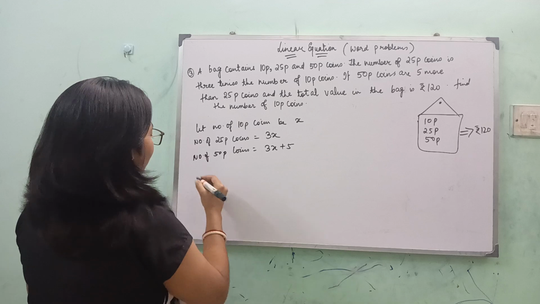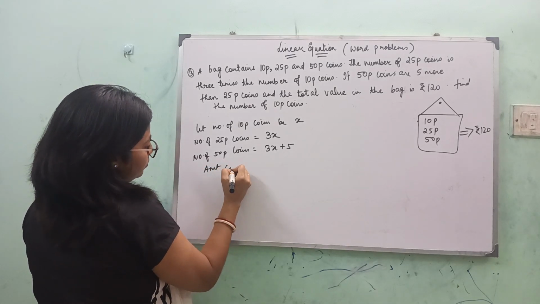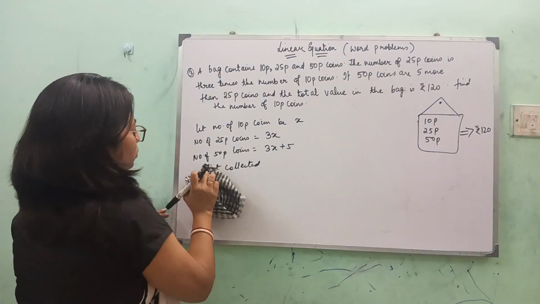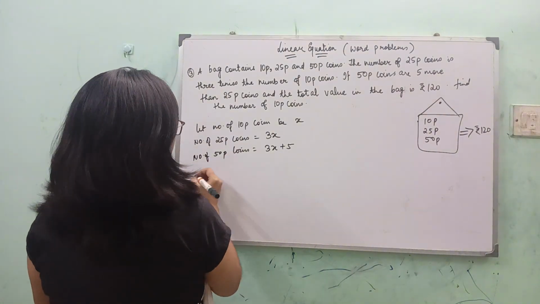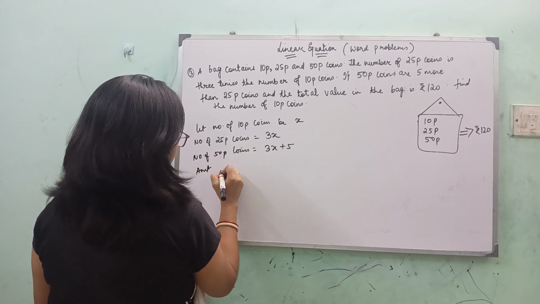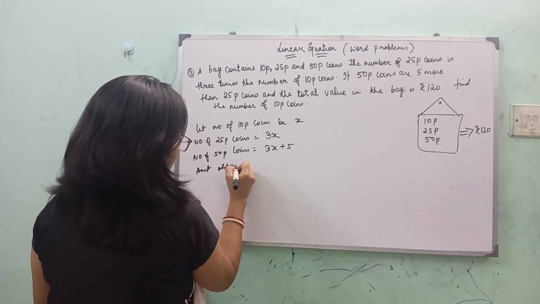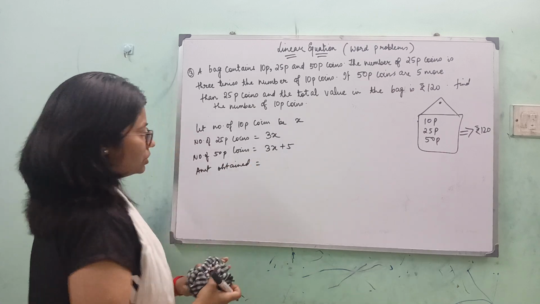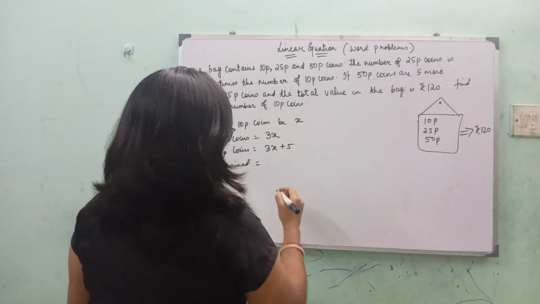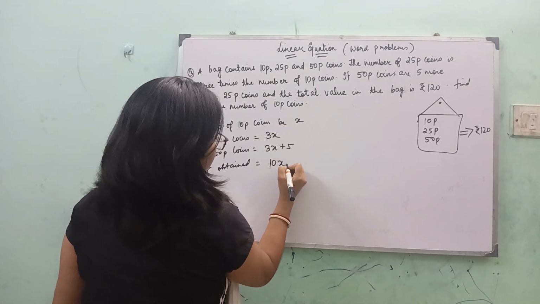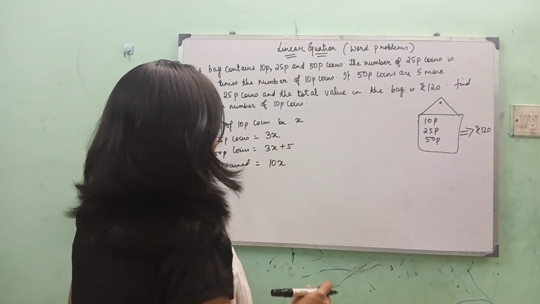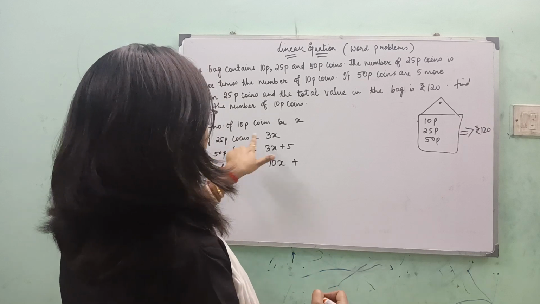Okay. Now what is the amount collected? Total amount, whatever. The amount obtained is how much from these three? See, 10 paisa, how many? x. So 10 into x. Now 25 paisa, 3x.